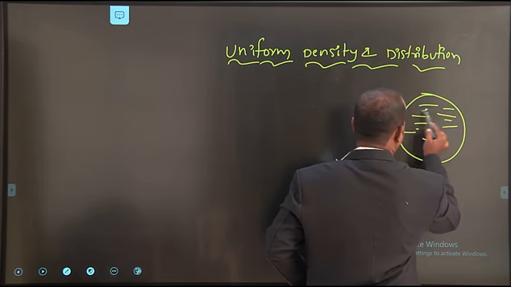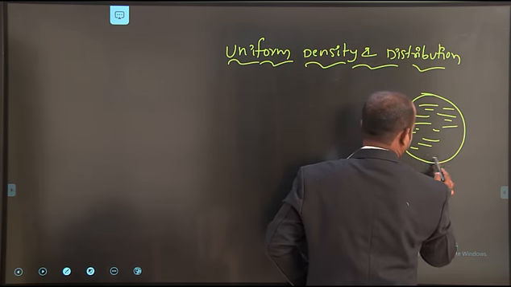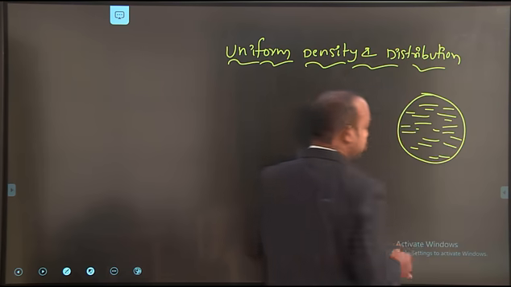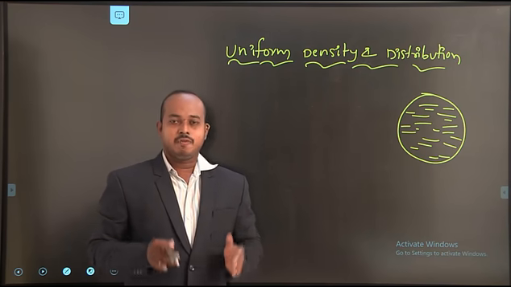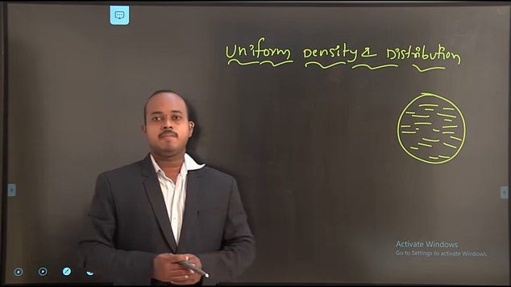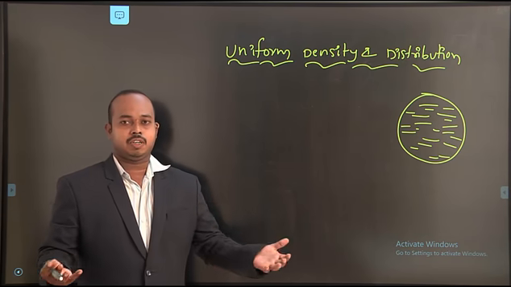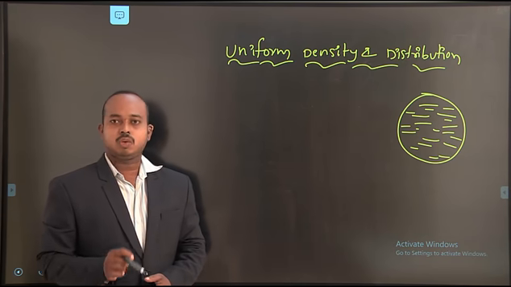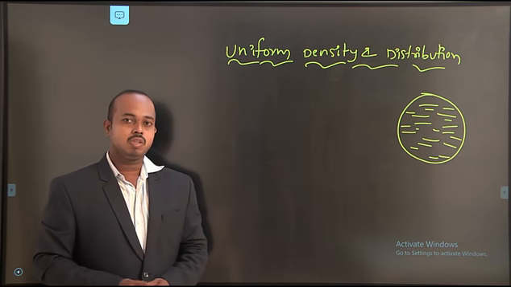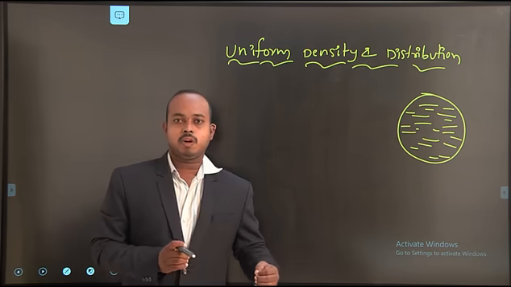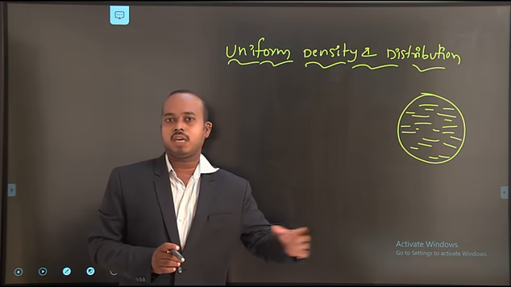That is called the uniform distribution. You can check any point, but the quantity of elements is equal.